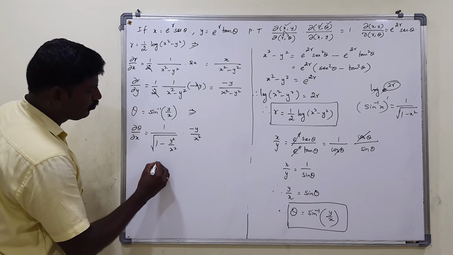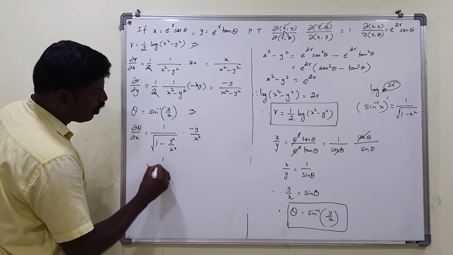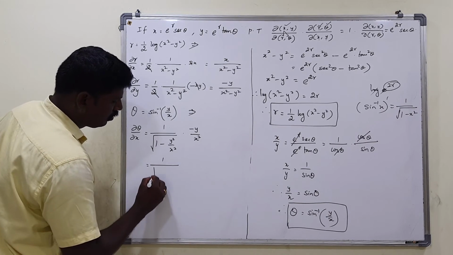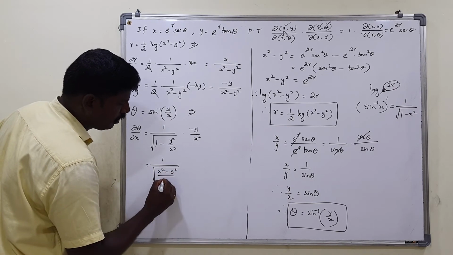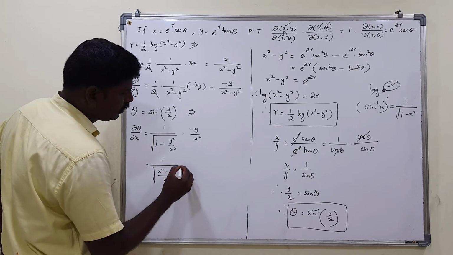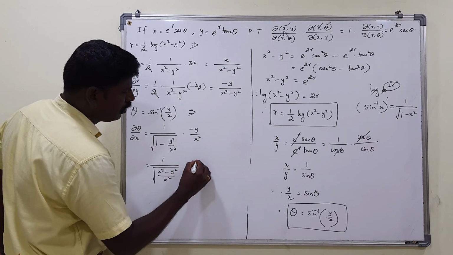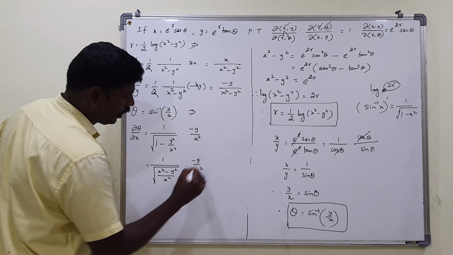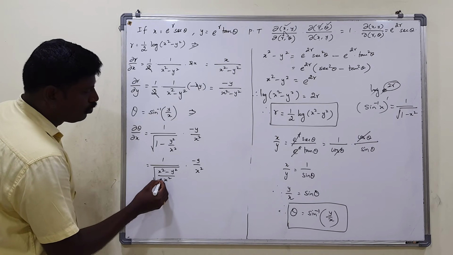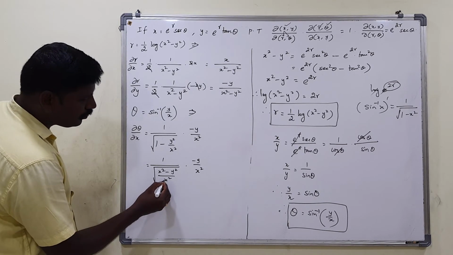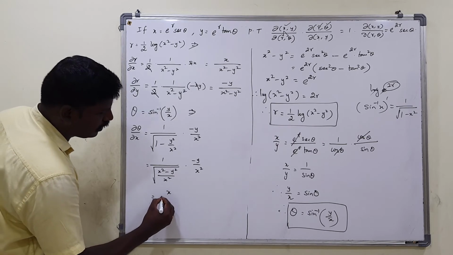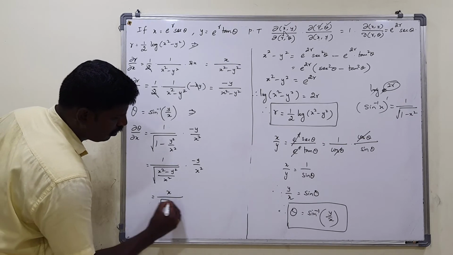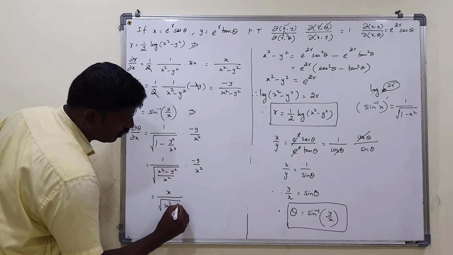Taking LCM, what will we get? 1 by root of x square minus y square by x square, isn't it? Into minus y by x square. We can take this root of x square into the numerator, it becomes root of x square becomes x, isn't it? By root of x square minus y square.